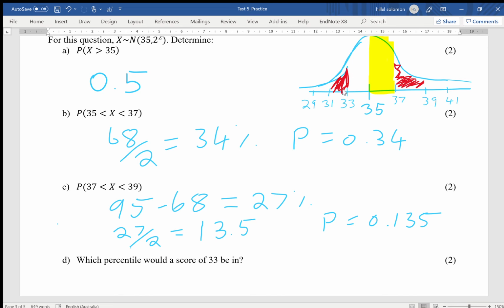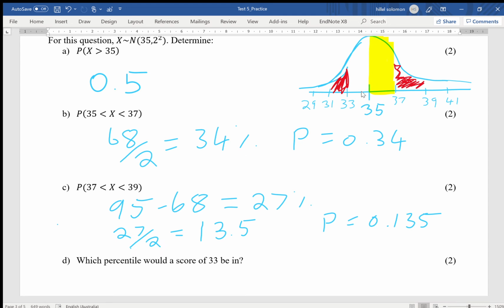The way I'm going to do that is by thinking about, first of all, what percentage of scores lie below 35. Below 35, we have 50%, and from 35 to 33, we worked out over here, we have 34%.